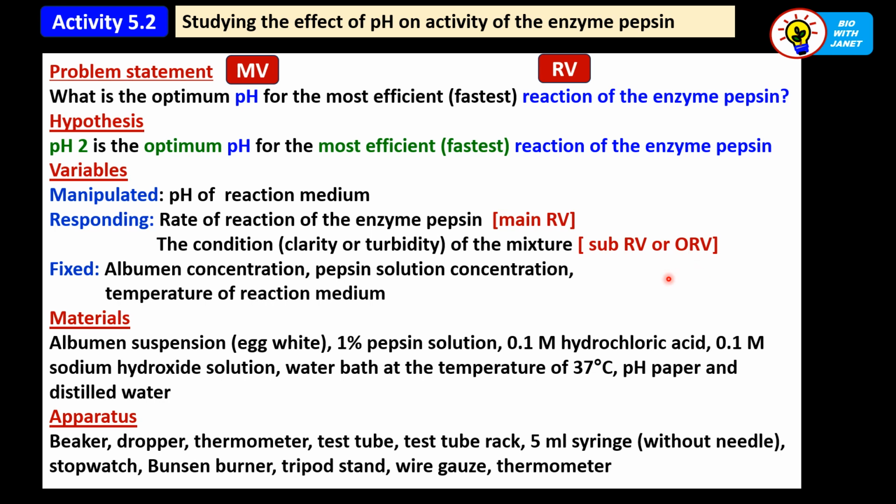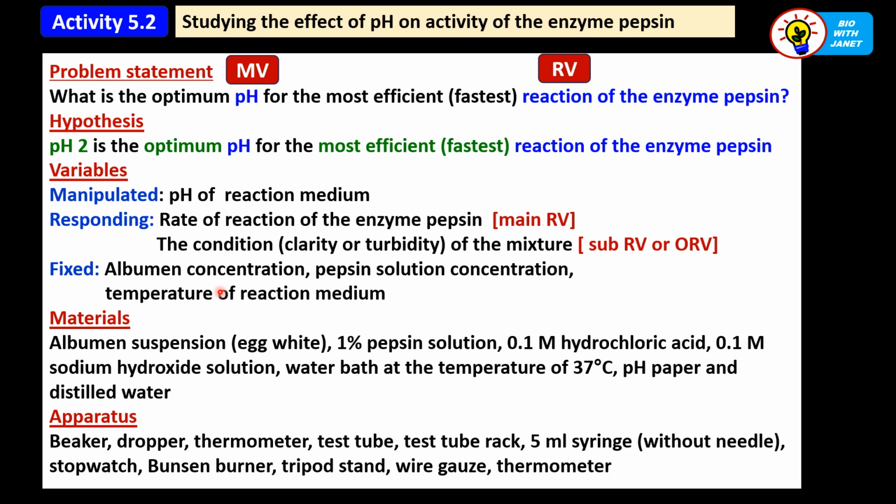After 20 minutes, you should observe the condition, that is the clarity or turbidity of the mixture. Now, clarity means how clear it is, and turbidity means how cloudy it is. So write both down. I think the textbook also uses the state of the mixture. So the state or condition of the mixture, or the clarity or turbidity of the mixture.